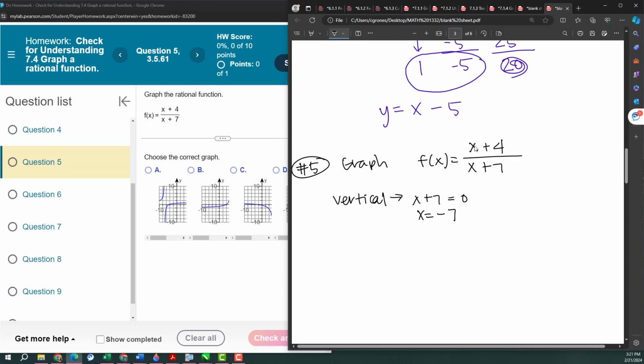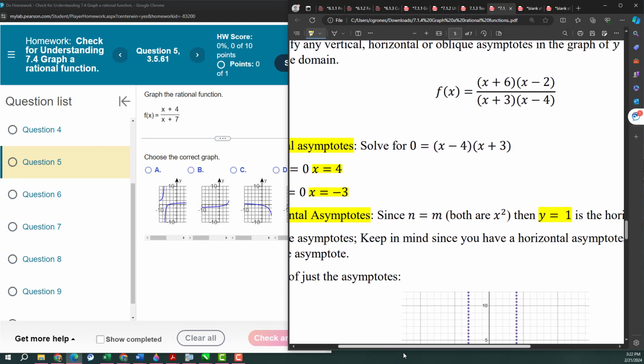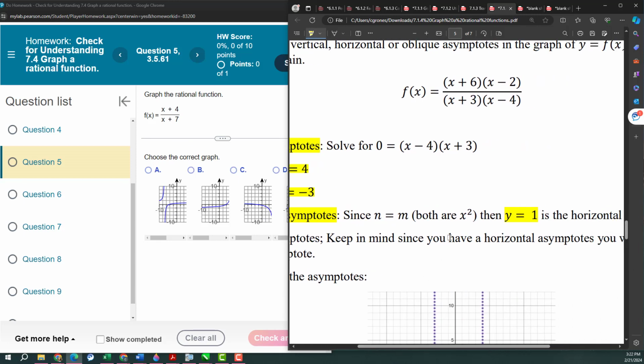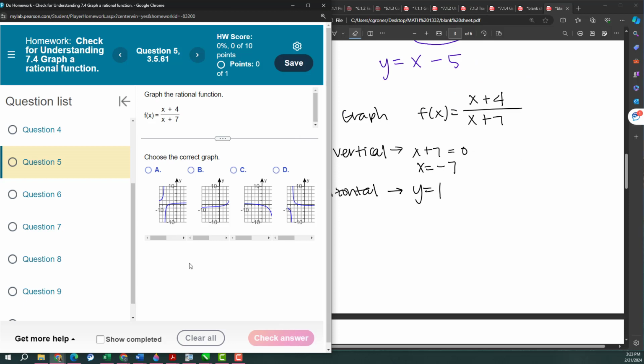The horizontal, there will be a horizontal asymptote. So since these are equal, they are both x, then y equals 1 is the horizontal asymptote. Y equals 1. So let's go ahead and look. We have a vertical asymptote at x equals negative 7.